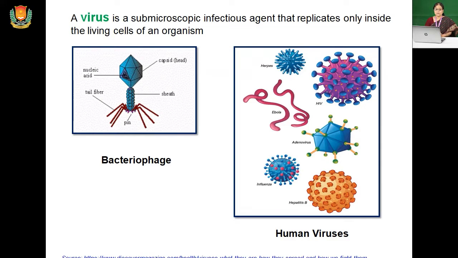Right? Now going with that, the bacteriophage, which you are seeing here, has various parts. These parts are tail fibers, pin, sheath, nucleic acid and capsid. The capsid is the outer cover, and the nucleic acid is inside. Both in combination, they go with different aspects of pathogenicity.